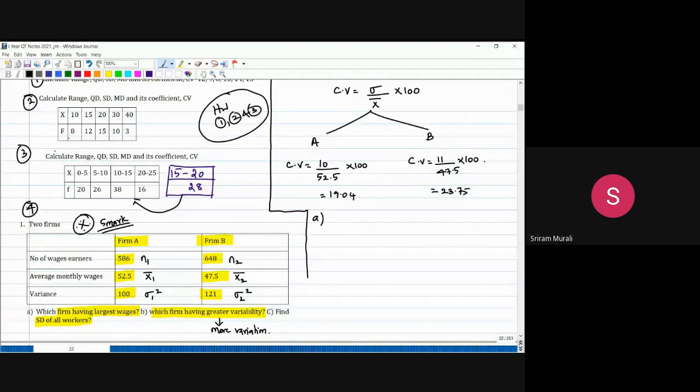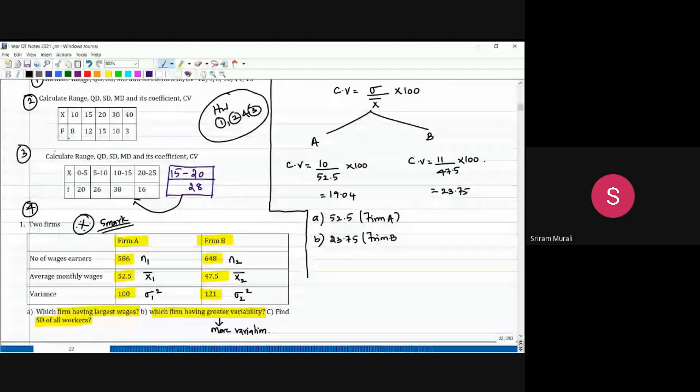Largest wages எங்க இருக்கு? 52.5. அதான் largest. அது எங்க இருக்குன்னா firm A. Subdivision B. Which firm has greater variability? More variation எங்க இருக்கு? இங்க தான் more variation. 23.75 is more variation. It is firm B. More variation is to be less consistent. Sorry, this is 23.15.